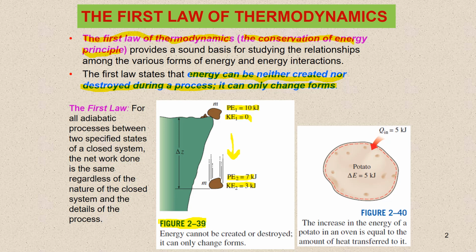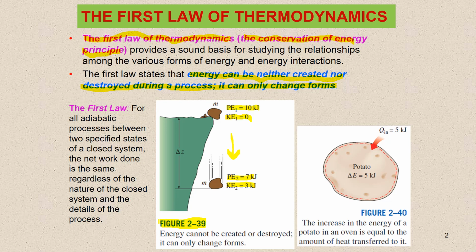Now we will consider some processes that involve heat transfer but no work interactions. The potato baked in the oven is actually a good example for this case, which is given in figure 240. As a result of heat transfer to the potato, the energy of the potato will increase.